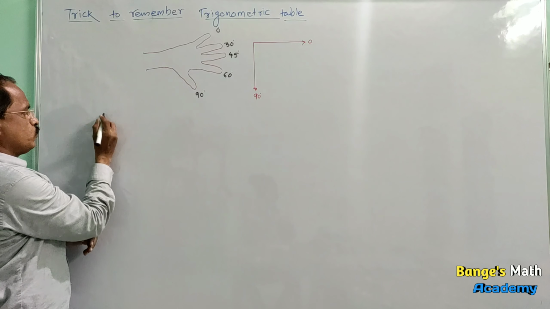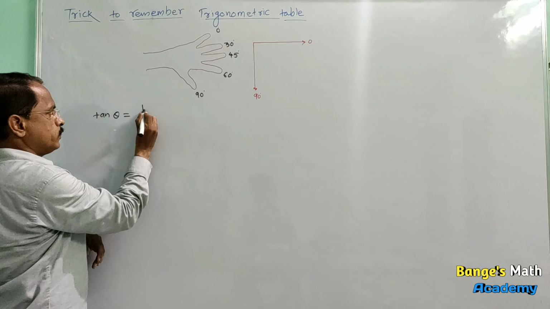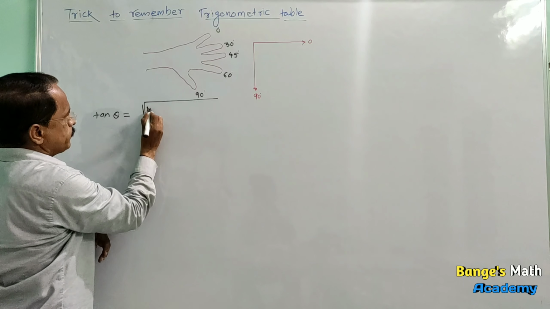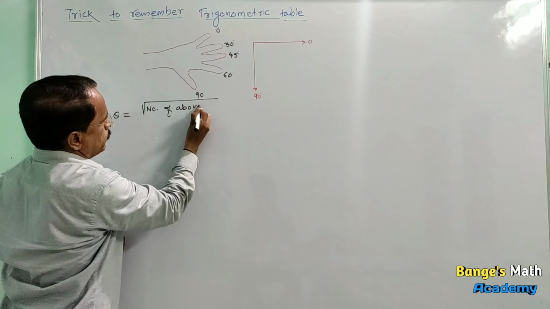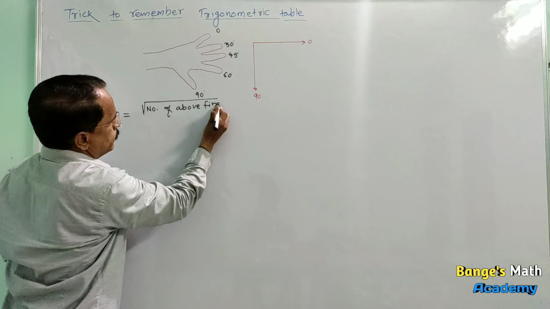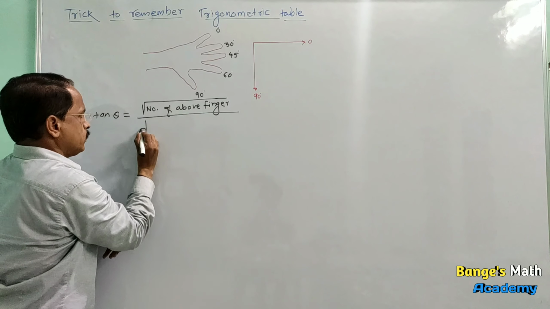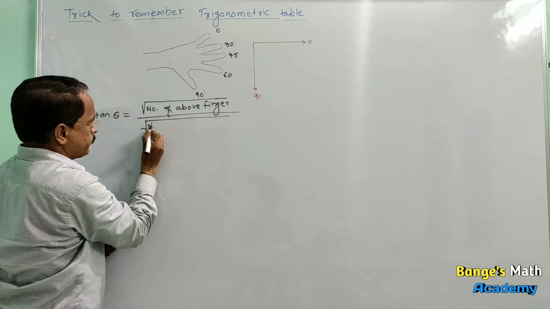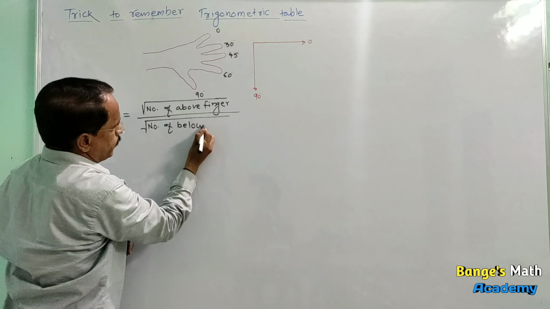There is a simple trick to find values of tan theta is equal to square root of number of above finger upon square root of number of below finger.